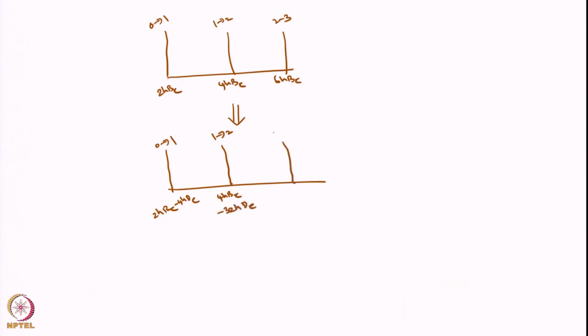The third one, 2 to 3, will be 6 h B_e minus 108 h D_e. So, now the lines are becoming narrower.